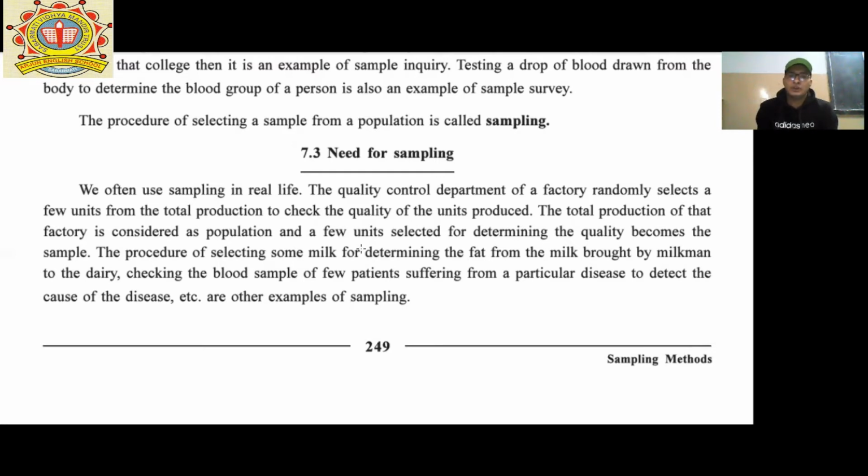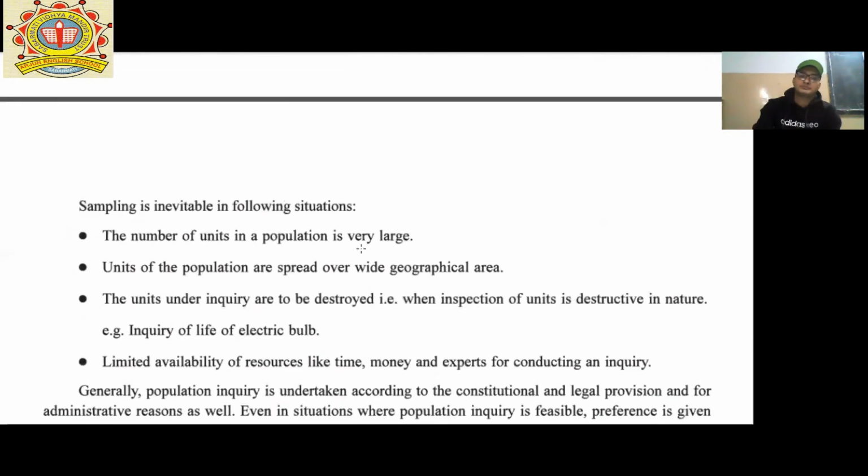Selecting some milk for determining the fat in the milk brought by a milkman to the dairy, and checking the blood samples of a few patients suffering from a particular disease to detect the cause of the disease, are other examples of sampling. Now, sampling is inevitable in the following situations.